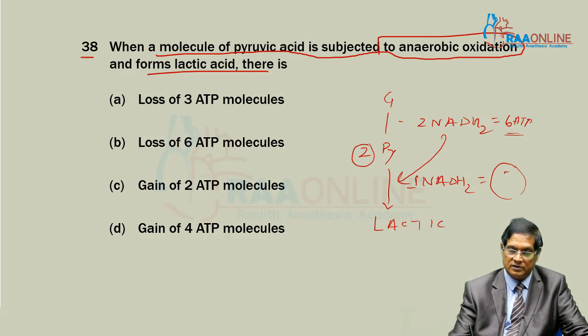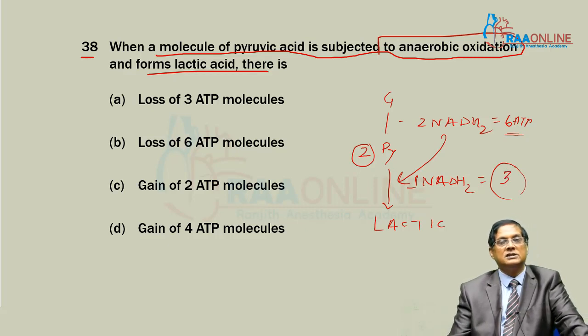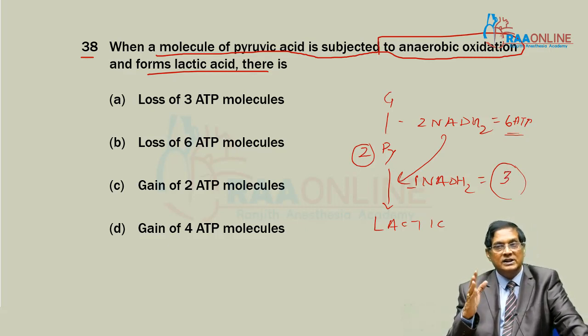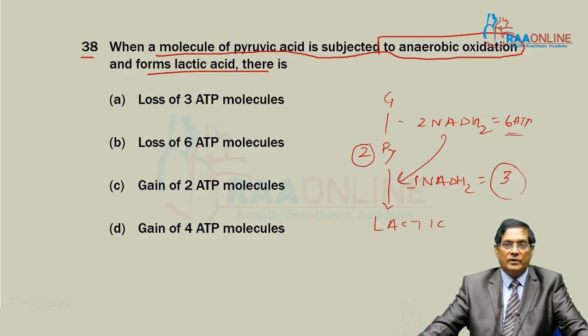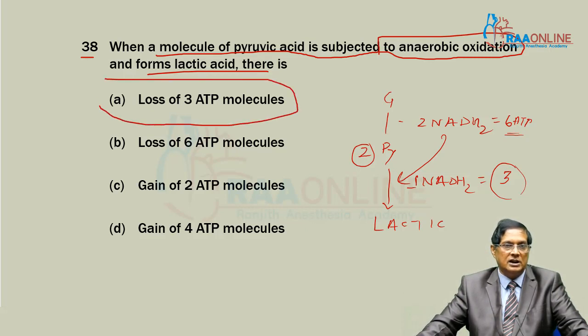There is a loss of 3 ATP. If it enters the mitochondria, its value is 3 ATP. But here that NADH2 is utilized in the reduction. So that's why for 1 molecule of pyruvic acid, there is a loss of 3 ATP molecules.